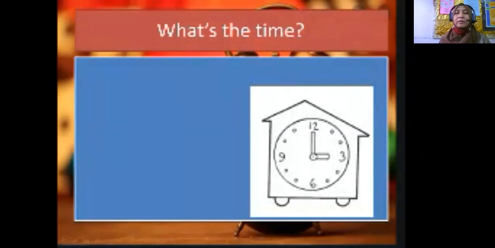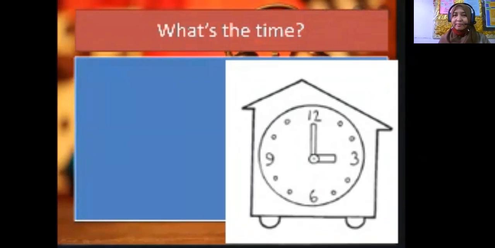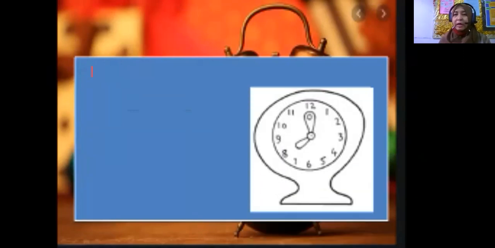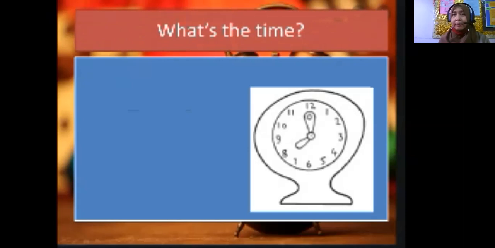Now, there's a picture of a clock here, and I'm going to ask you, what's the time? Yeah, excellent, students. It's 3 o'clock. Good. Next, number 2. What is it going to be? Can you see the long needle still on number 12, but the short needle on number 8.